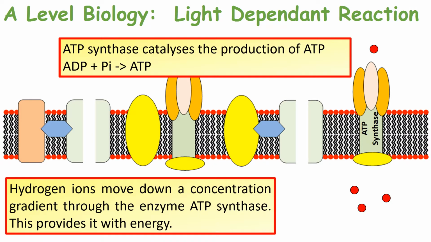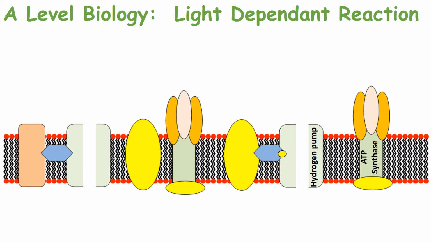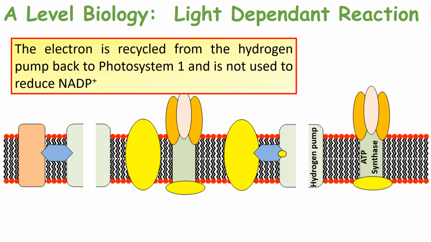As before, ATP synthesis involves adding an inorganic phosphate to ADP. The electron is recycled from the hydrogen pump back into photosystem 1 and is not used to reduce NADP+. This is why the second part of photophosphorylation is referred to as cyclic.